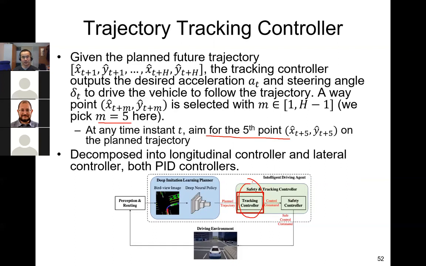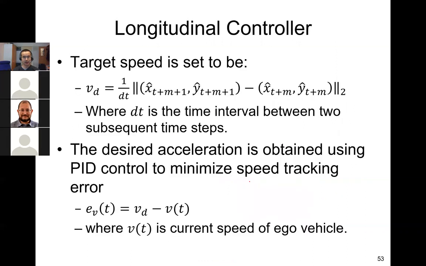So the tracking controller is decomposed into longitudinal and lateral controllers. Both are PID, so it's very conventional. Longitudinal controller: the target speed is the Euclidean distance between the two neighboring waypoints.